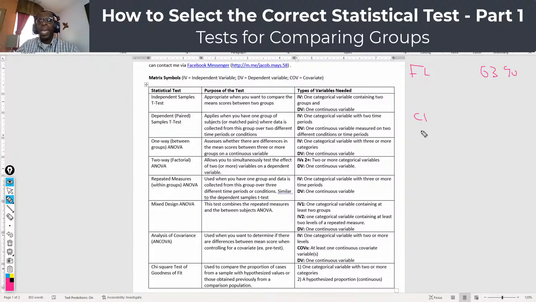So we have 10 students, right? Okay. And you say, okay, how many of these students passed? Right. So you got 10 students in the class, and we're going to say 7 passed. So what we would do is we use a chi-square goodness of fit to determine if 70, so 7 out of 10 is 70, if 70 is significantly higher than 63. That's what you would use to determine a chi-square goodness of fit.